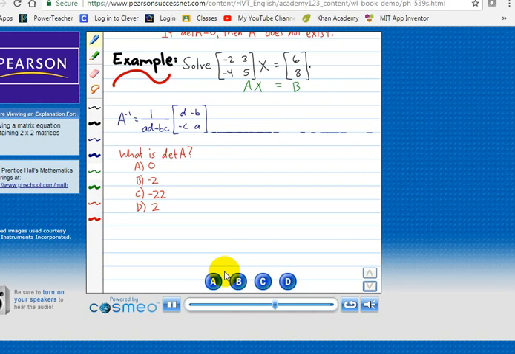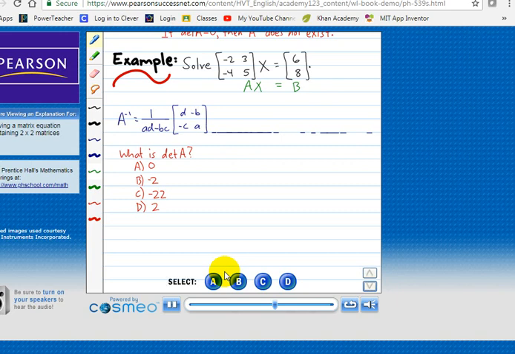By taking the difference. So we're going to go, the determinant is negative 2 times 5 minus 3 times negative 4. So what would it be?